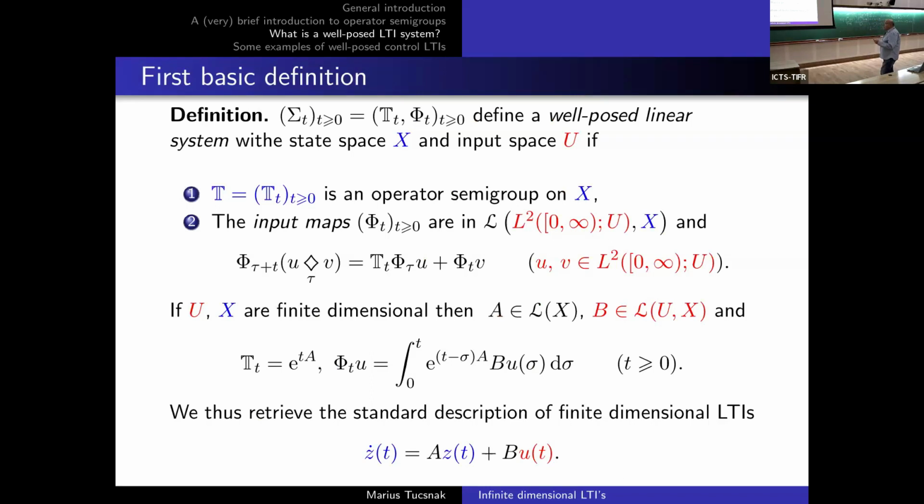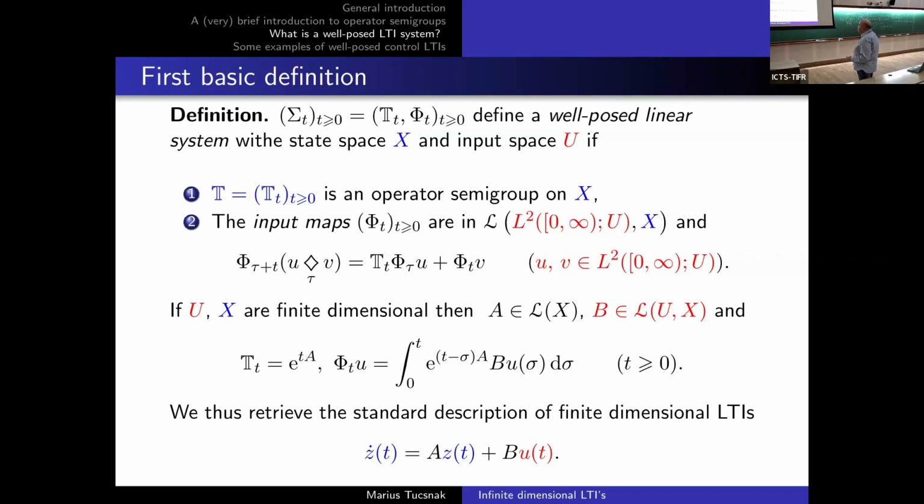And so I say that 2 families of this kind form a well-posed linear control system with state space X and input space U if, firstly, T is an operator semigroup, and then the family phi T satisfies this formula.